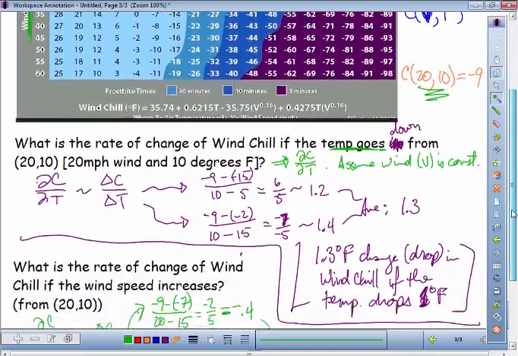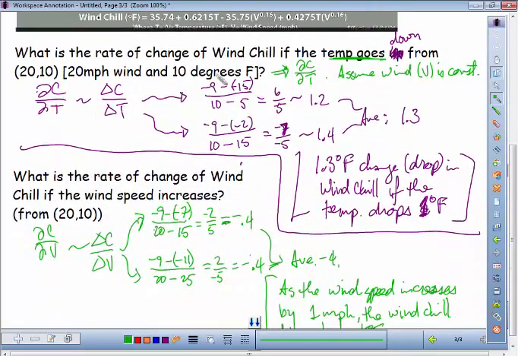So if you're at that point in time, if your temperature goes up, then your wind chill is going to go up. If it goes down, then your wind chill is going to go down by 1.3 degrees. And if your wind speed goes up, your wind chill drops down by -0.4 degrees.